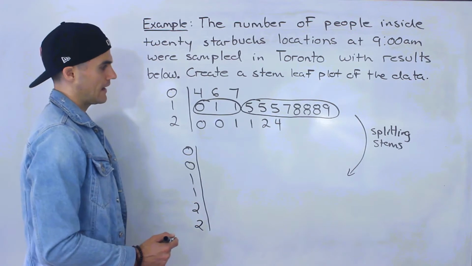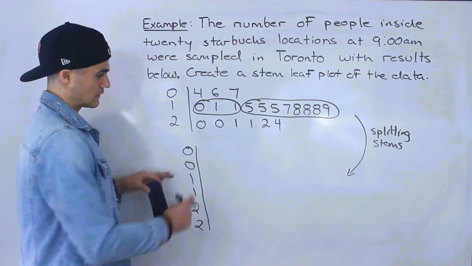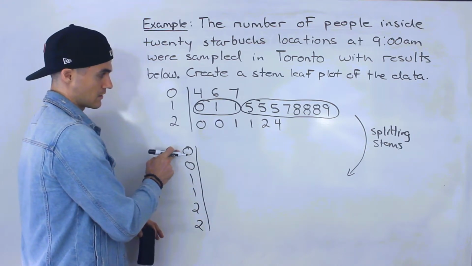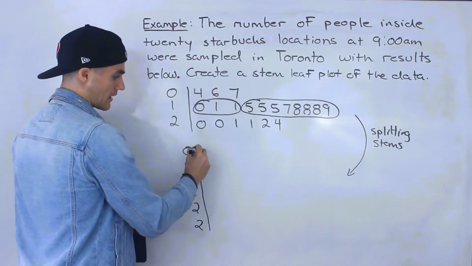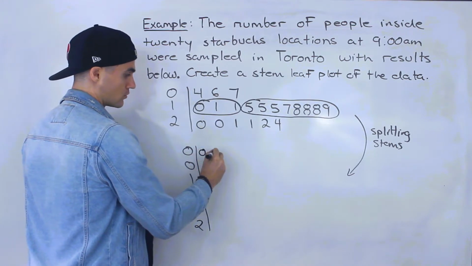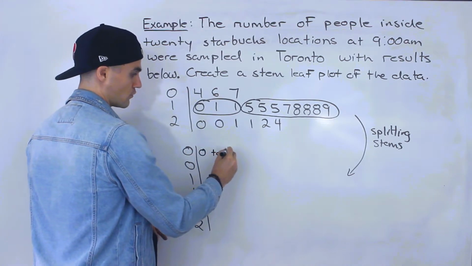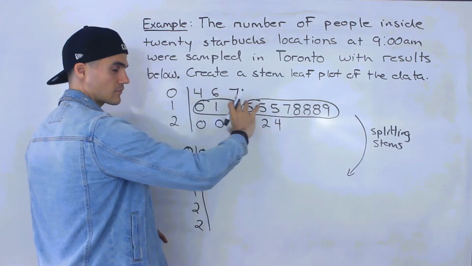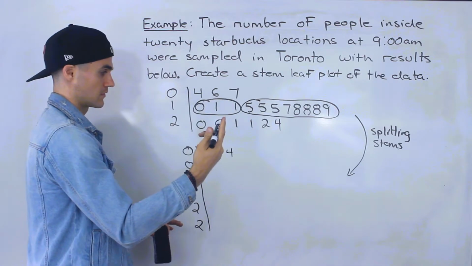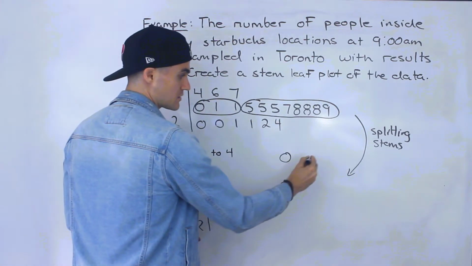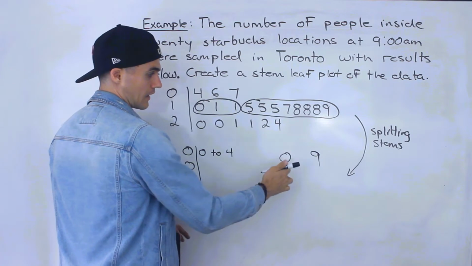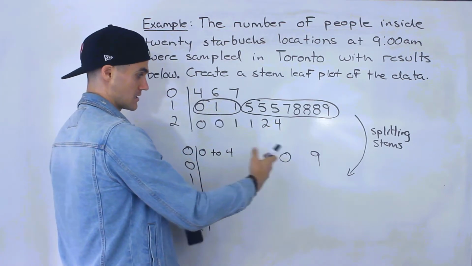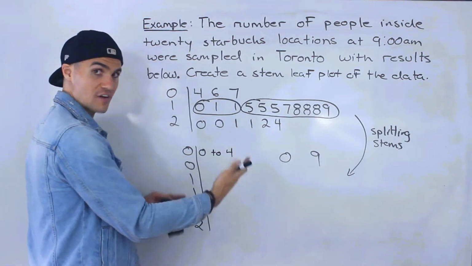Like that. And now the leaves that are going to go for this first 0, this first stem here, are going to be all the leaves from 0 to 4. Remember that the leaves here are always going to be a single digit. So they're always going to fluctuate between 0 and 9. And between 0 and 9, inclusive of 0 and 9, that is 10 digits. So 0 to 4 would be the first 5.